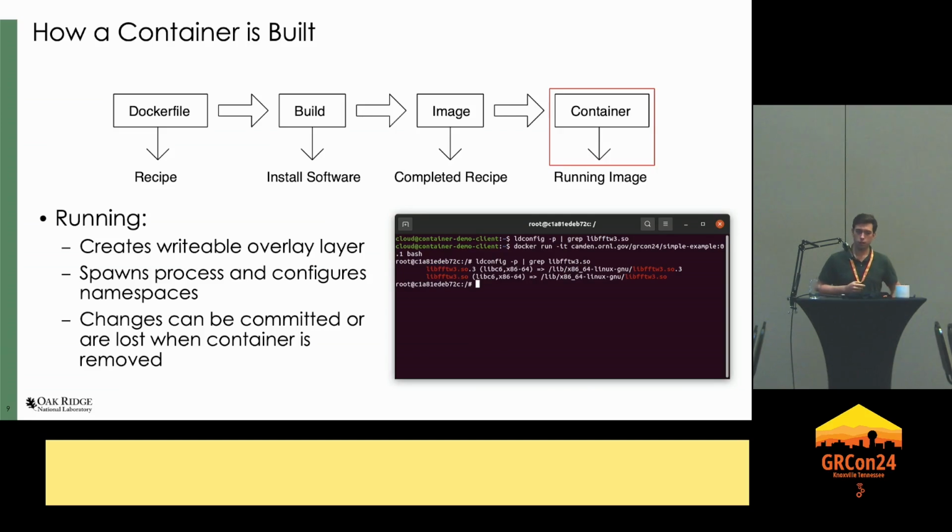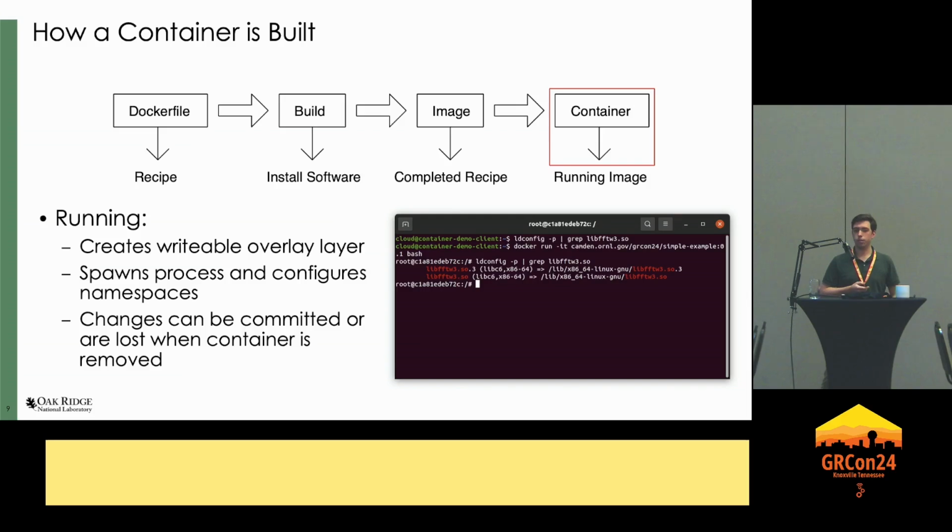Once you are running your container, you can spin up processes or look around. This little screenshot I've shown is the client machine that's running that example Docker image that I showed previously. The first thing I run is a check to see if the FFTW library is installed, and I have not installed it, so when I grep for that library, nothing shows up.